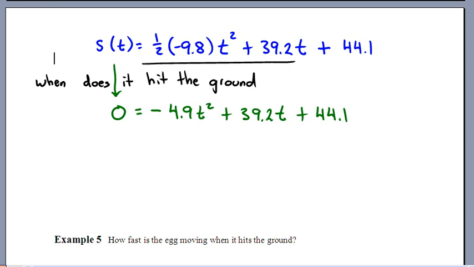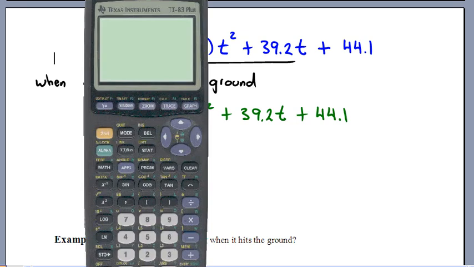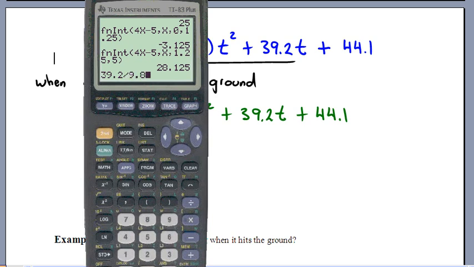Okay, well, it's quadratic, so you can fire up your quadratic program. You could factor out a negative 4.9 too. That actually works reasonably well, but you could use your quadratic program on your calculator if you want. If I factor out a negative 4.9, I get the feeling this is going to extract out pretty nicely. Let's check. 39.2, does that divide by 9.8?